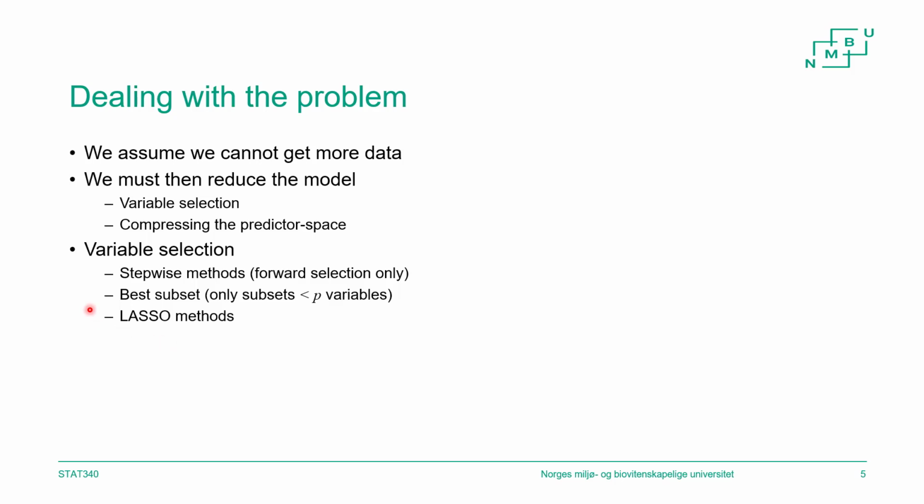So variable selection we saw last week, the stepwise methods. In this case, if you have p larger than n, you cannot do backward elimination, because then you start by fitting the full model, and this is no longer possible. So you have to only do forward selection in a sense. You have to start with nothing and then include variables one by one.